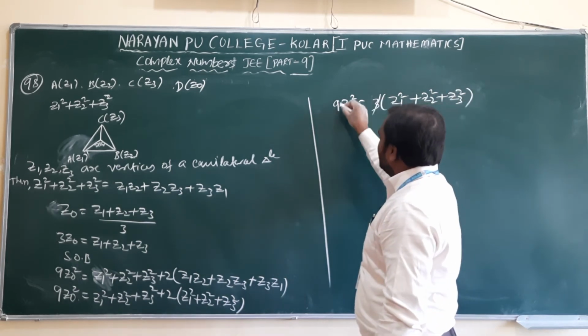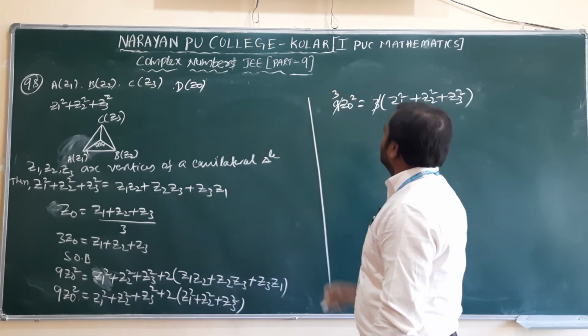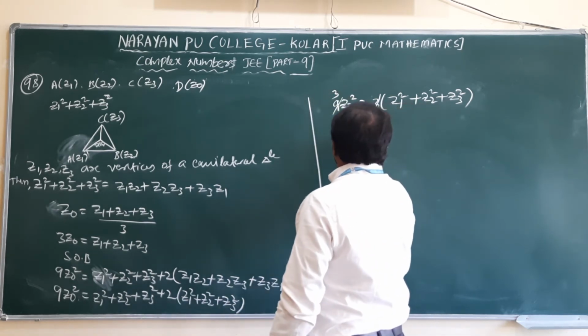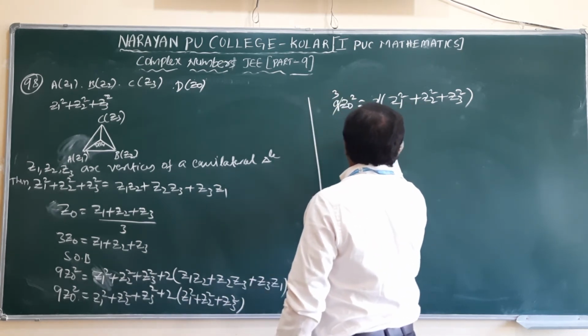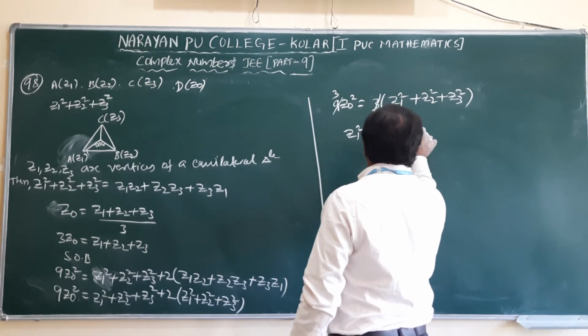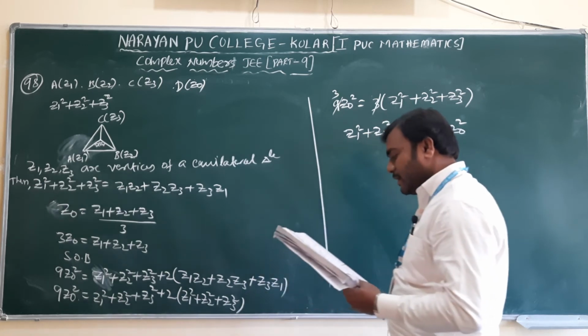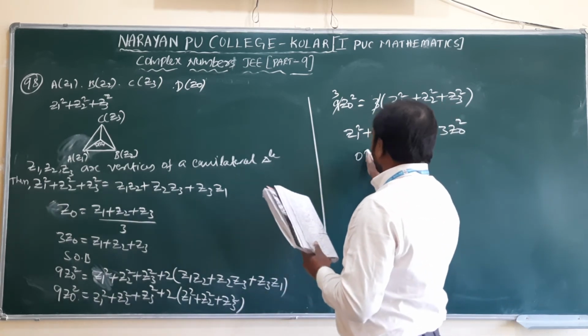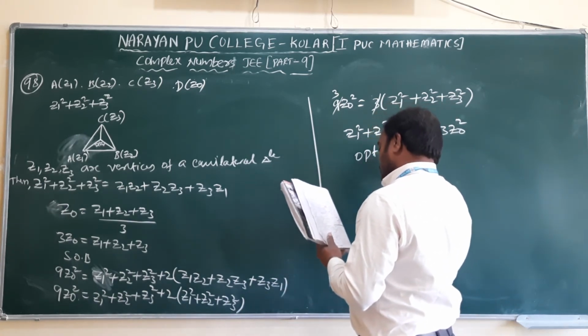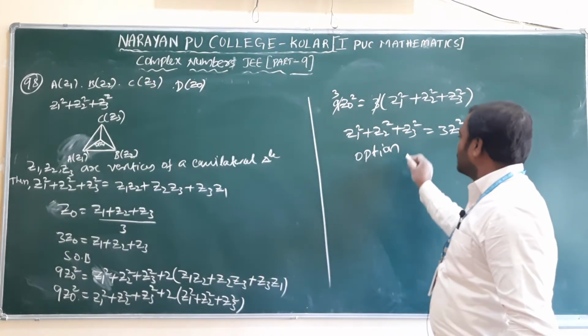Therefore Z1 square plus Z2 square plus Z3 square is equal to 3 times Z0 square. Option B is the correct option.